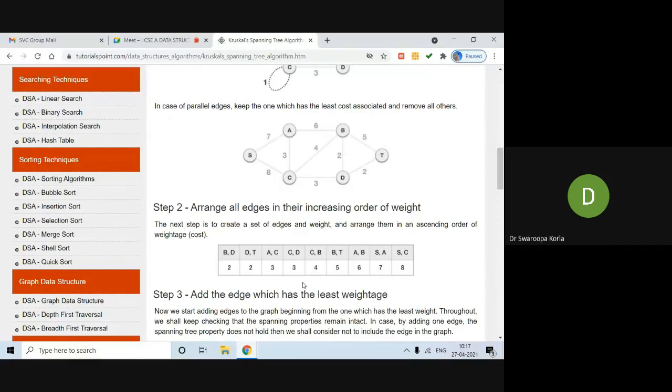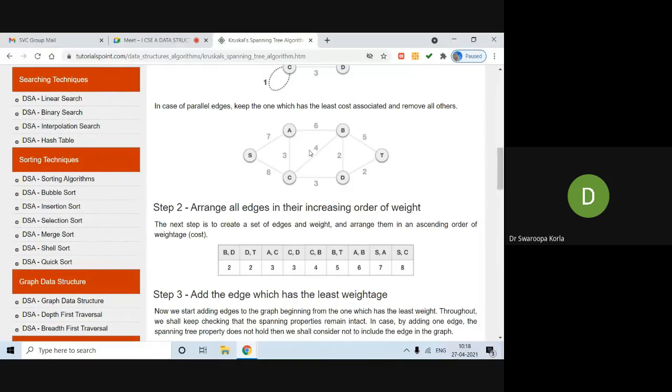See, very simple. What you will do is look at the overall graph first of all. Now check the weight values. 2, 2. Next, what is the increasing order of weight? 3, 3. Yes, we sometimes have more than one edge with the same weight value, no issue.